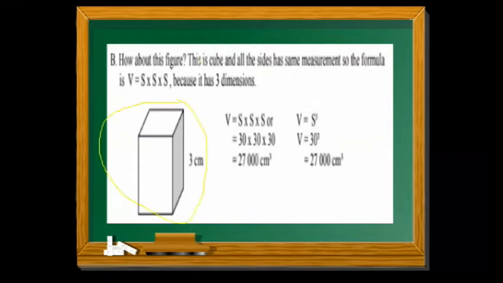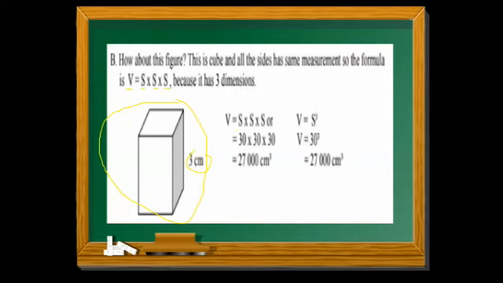What is a cube? A cube is a shape where all the sides have the same measurement, so the formula is a bit different. If we are going to find the volume of a cube, V as in volume equals S, the first side, times S, the second side, times S, the third. Meaning, if only one number is given, since all sides are the same, we will just multiply it by itself three times.